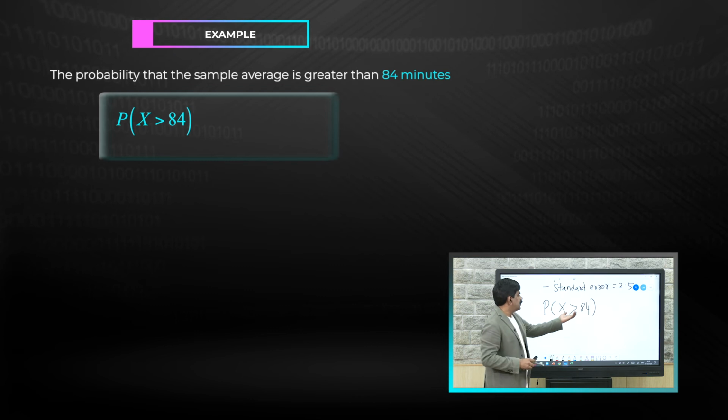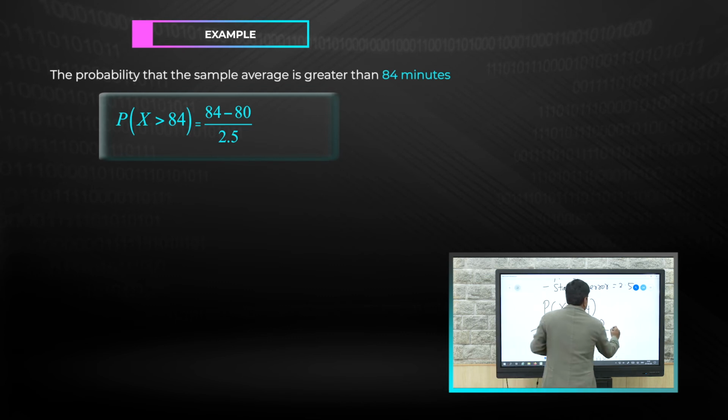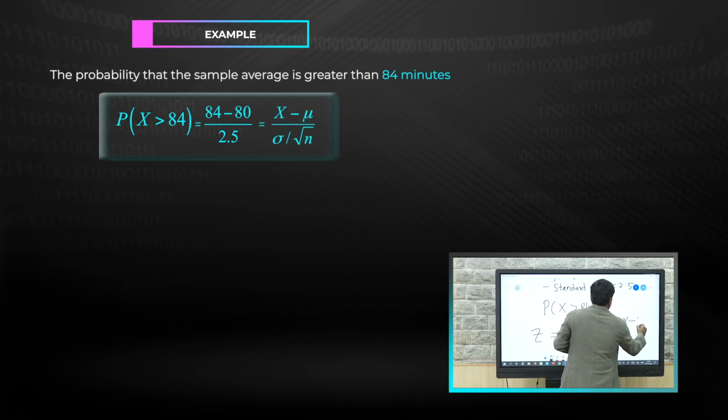Now remember, since the sampling distribution is a normal distribution, the value 84 minus 80 divided by 2.5 will be a standard normal distribution. So basically what I have done is I have taken x minus mu divided by sigma divided by square root n.